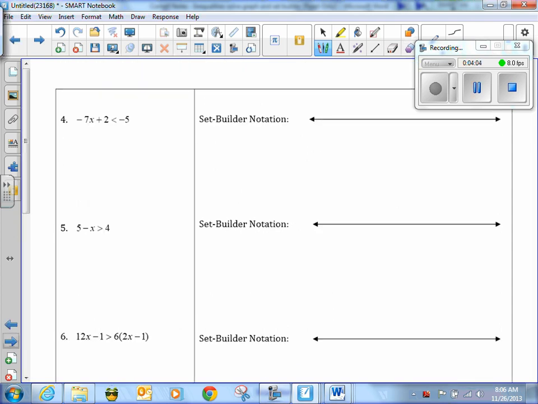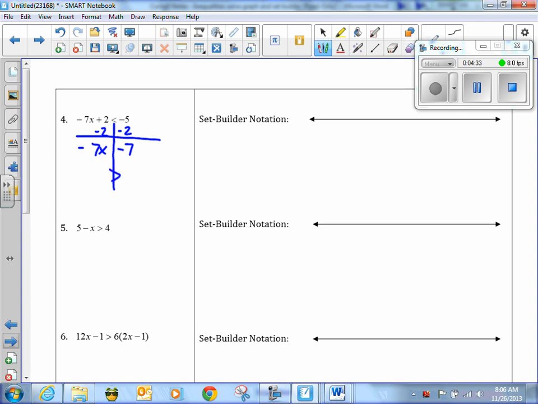Now we're going to kick it up a notch. I'm going to subtract 2 on both sides. I have negative 7x, and I have negative 7. Now, I have a negative coefficient. We need to remember from last year, if you have a negative coefficient, that's the number in front of the variable, our symbol needs to switch.